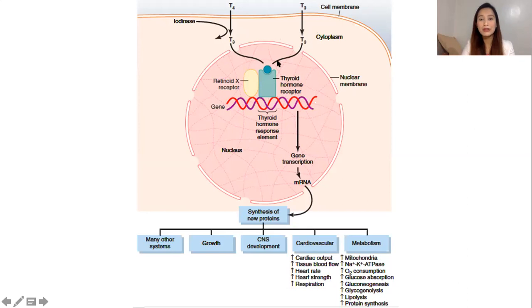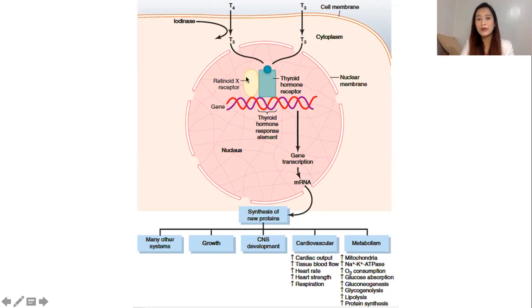So for thyroid hormone, the receptor is located inside the nucleus. So what happens when your T3 binds to your thyroid hormone receptor? Your thyroid hormone receptor is already attached to your thyroid hormone response element, which is a segment of the DNA. So when your thyroid hormone receptor is activated, it triggers gene transcription. Once the thyroid hormone attaches to the thyroid hormone receptor, the retinoid X receptor is released.